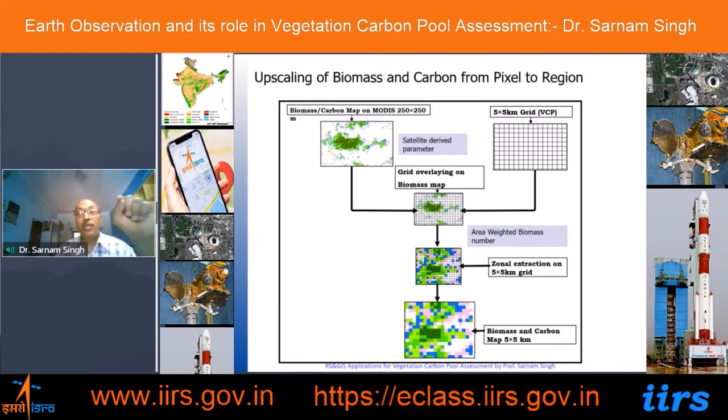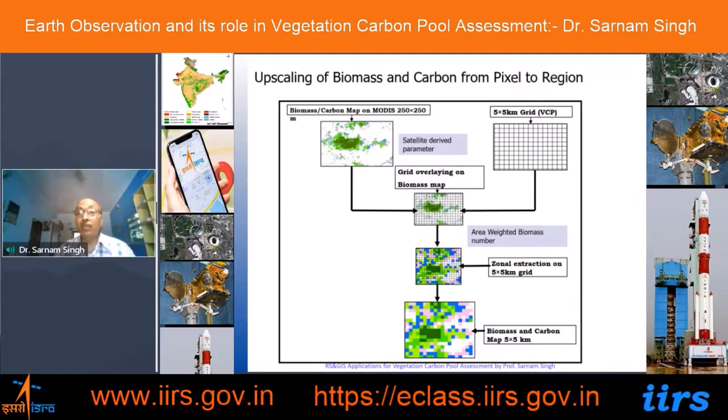So instead of the original pixel value, you can total it up within 5 by 5 kilometers. How much biomass is there? Let's say 500 tons. You put the 500 tons in that cell. Then you get a generalized map. It is quite similar to the original, but quite generalized. The file size decreases tremendously. You can put it on the net, and people can visualize it. This is good enough for visualization, for planning and management.